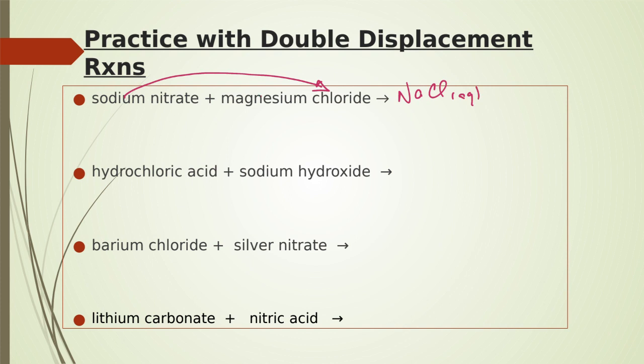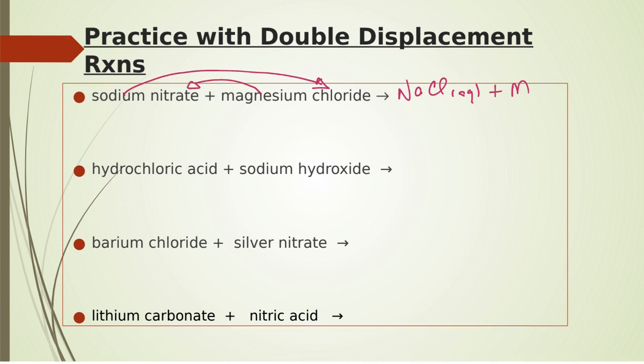The other pair that we have will be magnesium and the nitrate ion. And when you look up those two, you'll find nitrate at the top of the solubility chart. And it'll say like pretty much anything that combines with a nitrate is soluble.